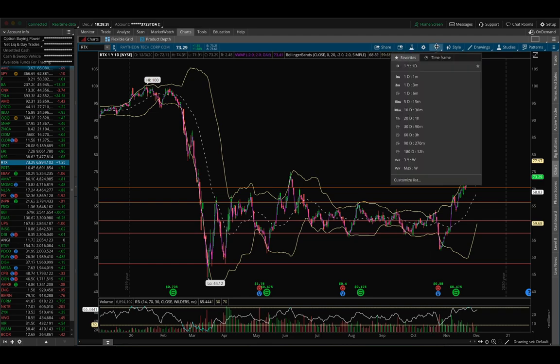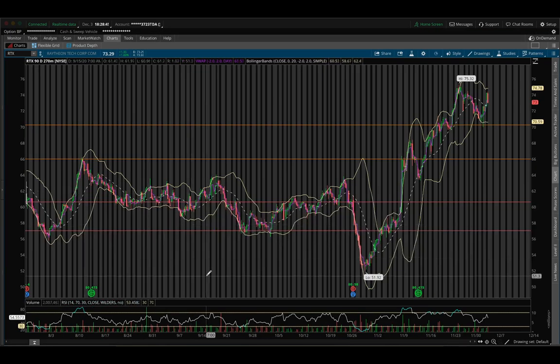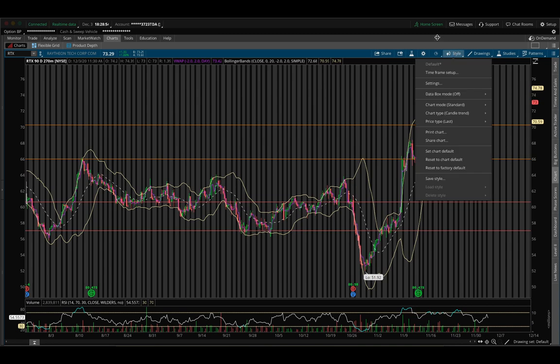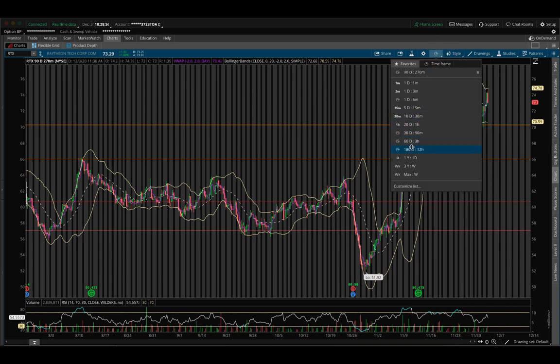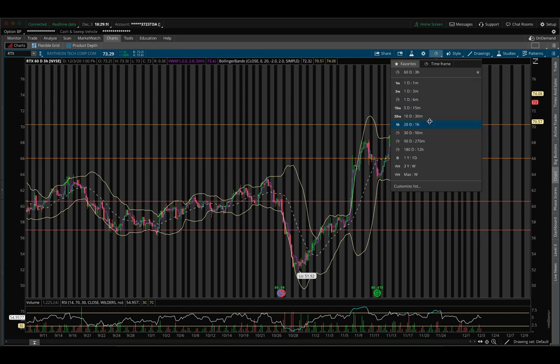And now let's see how this looks when you close it down a little bit. So this is the 90-day chart, 3-month chart right here. Not sure what 270 minutes is. And 60 days. So you can see how it behaves a little better around these support and resistance levels if you're trying to get a more accurate picture, or a closer picture.